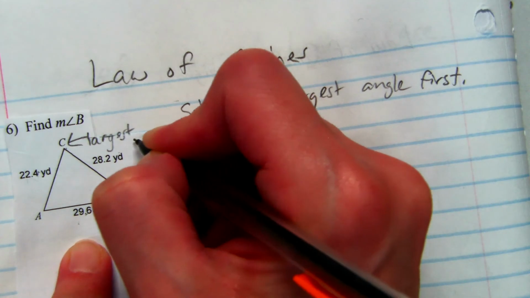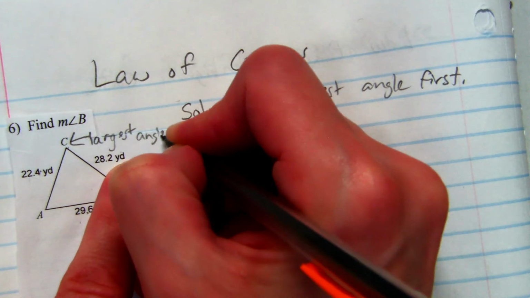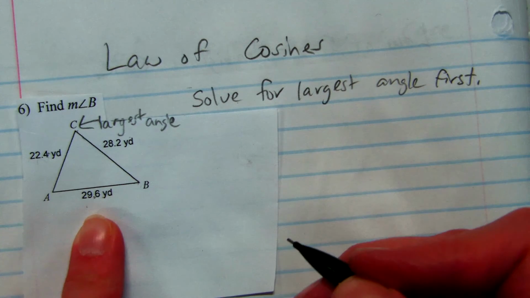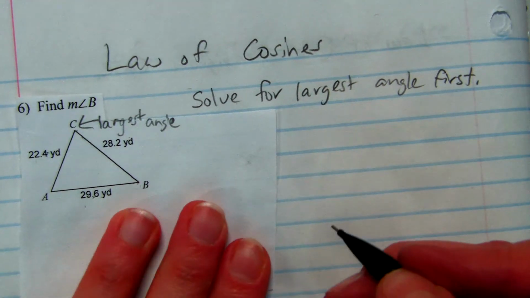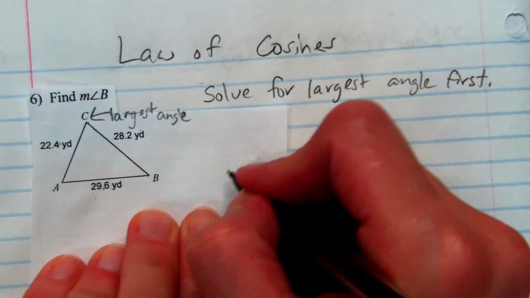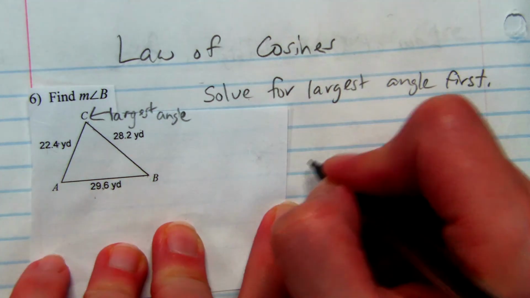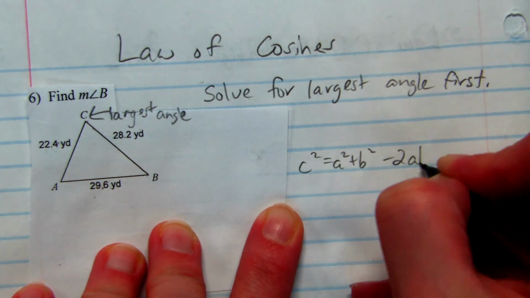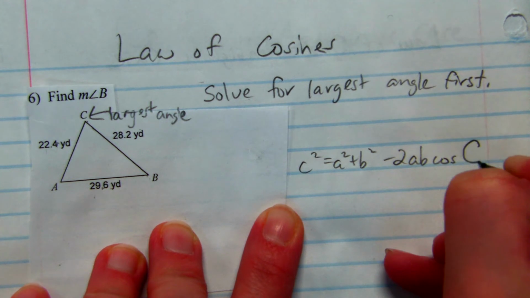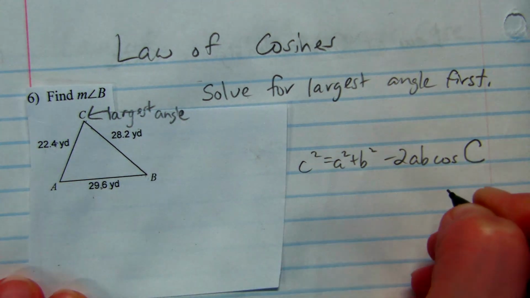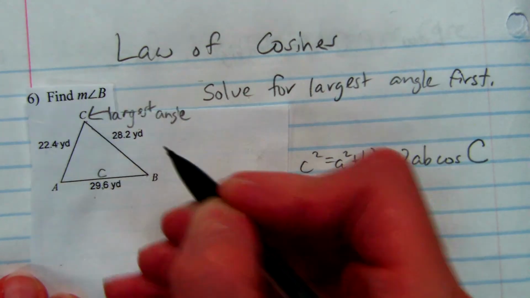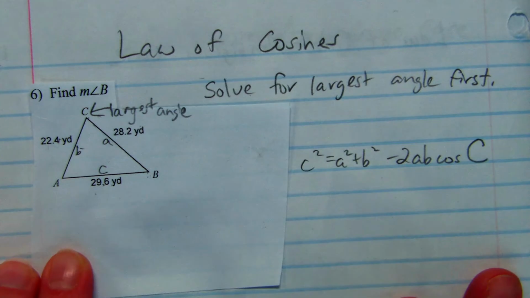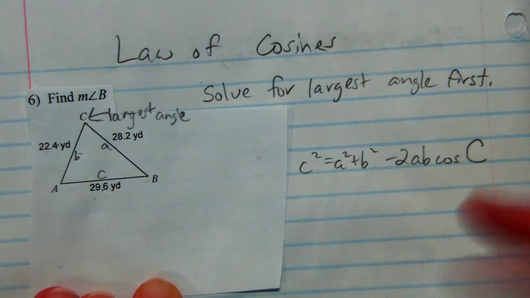So we're going to set up to solve for C. Our formula, since we had to turn the page, was c squared equals a squared plus b squared minus 2ab cosine C. This would be little c, this would be little a, this would be little b, just going across from the angles. And so we're going to solve for angle C first.